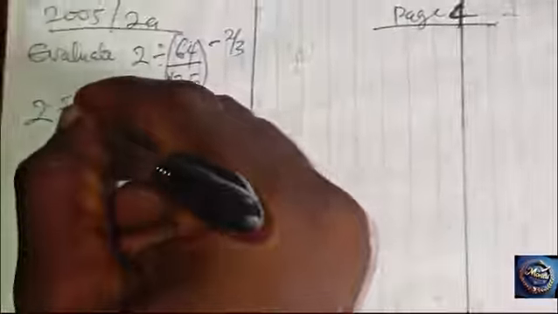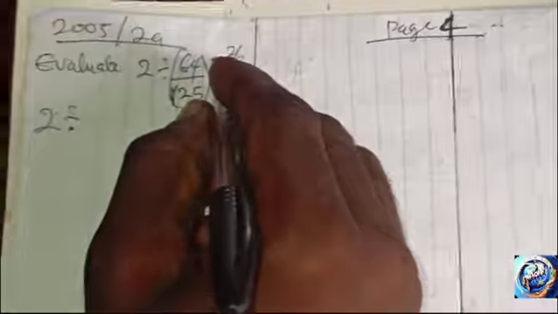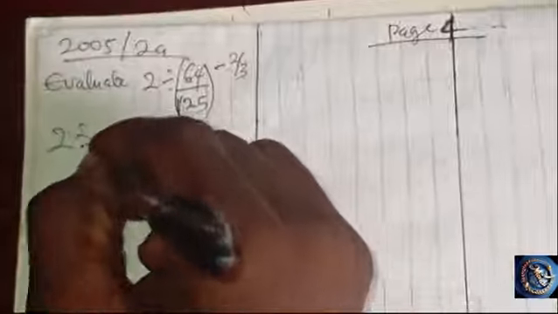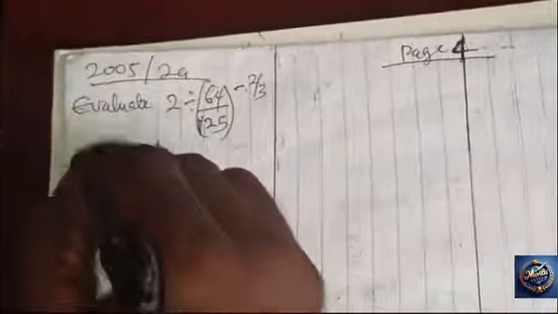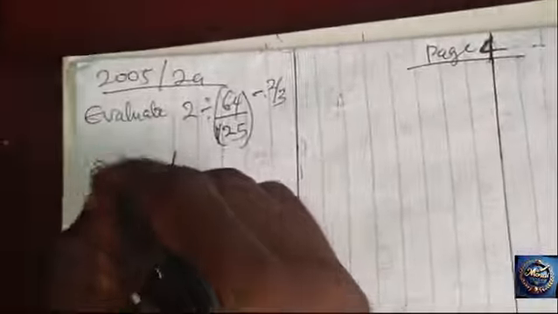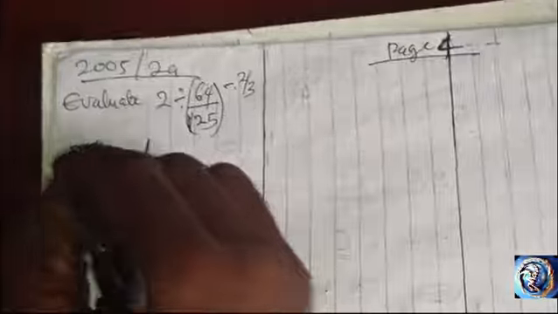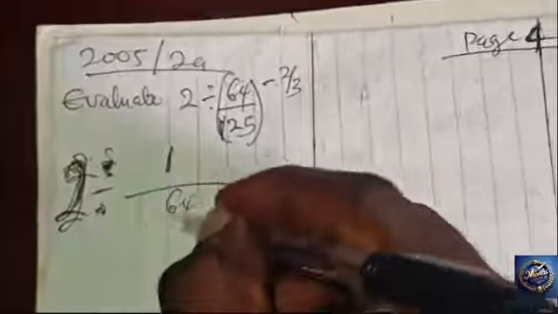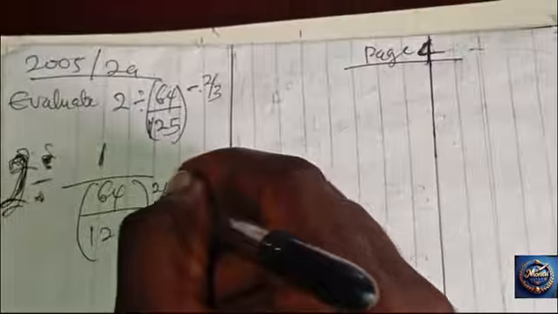So to solve that, I'm going to say 2 divided by 64 all over 125, everything raised to the power of minus 2 over 3.